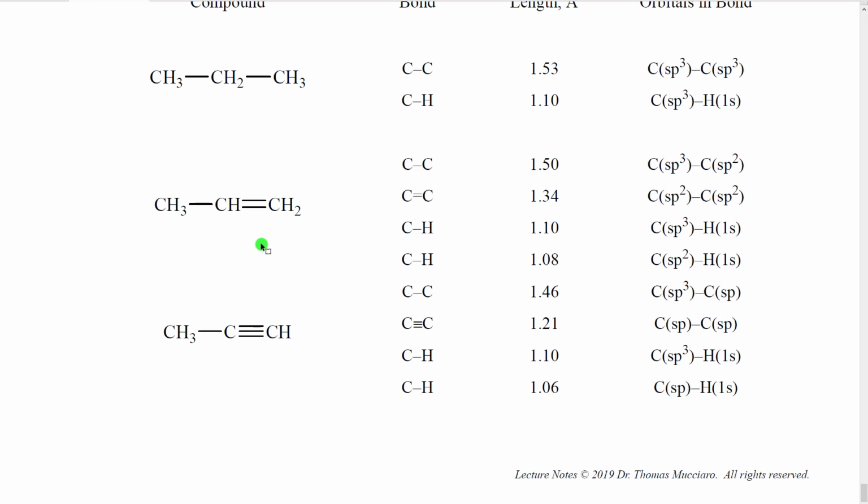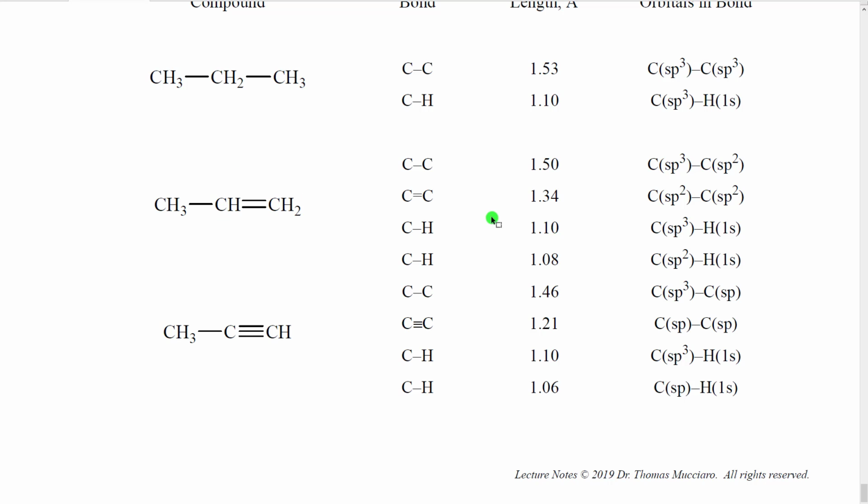Now look at this molecule. In this molecule, our central atom is going to be sp2 hybridized. So on this side, we're going to have a carbon sp3 to a carbon sp2. Now since the sp2 bond is shorter, that bond should be shorter, and in fact it is. It's now only 150. On the other side, we have a carbon sp2 to a carbon sp2.